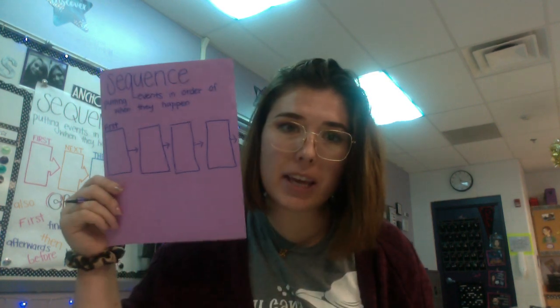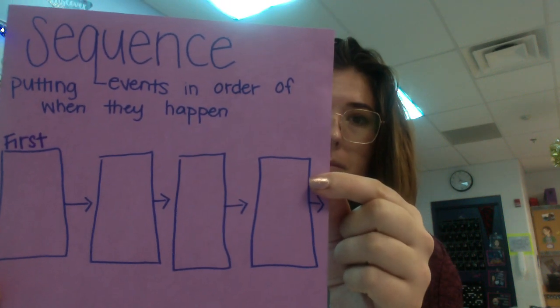Now, the most basic and easy way to break this down is by when they occur. So this first box, we're going to label first. So this is in the beginning, what is happening. Next, you'll put next, because this is what happens.